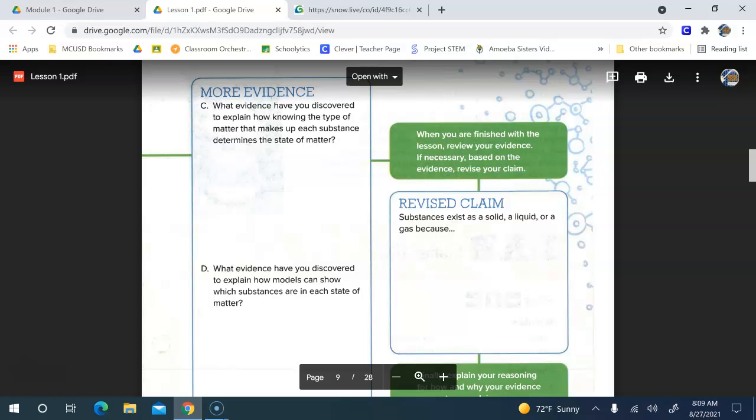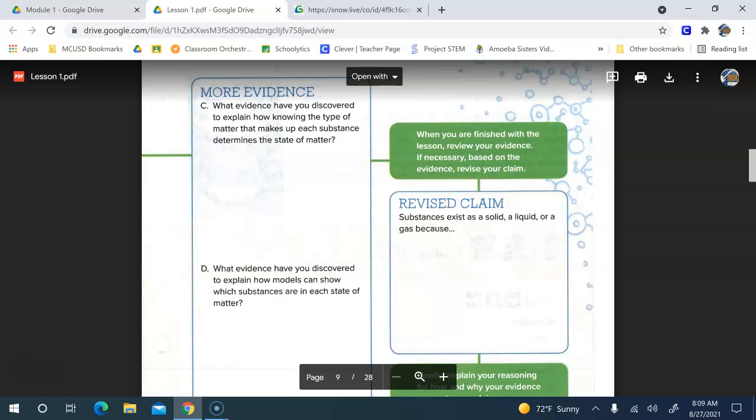So if we know the type of matter that makes up each substance, so different substances, when they combine, sometimes can change their state of matter.